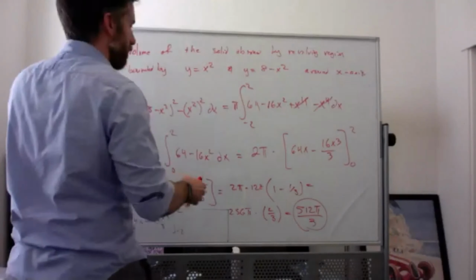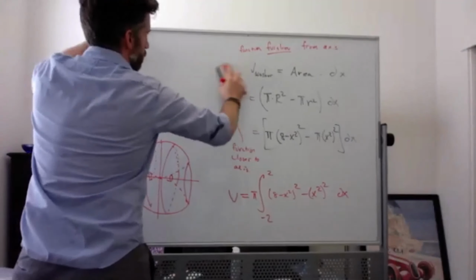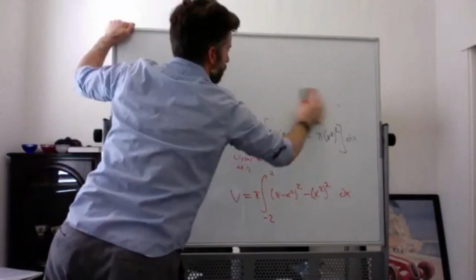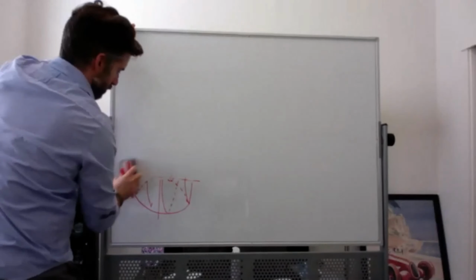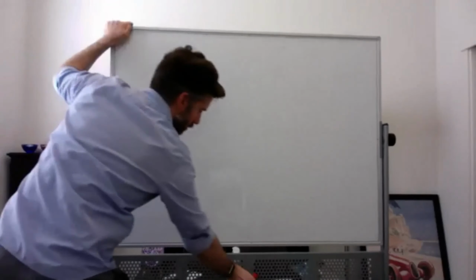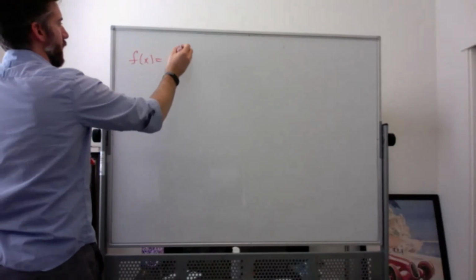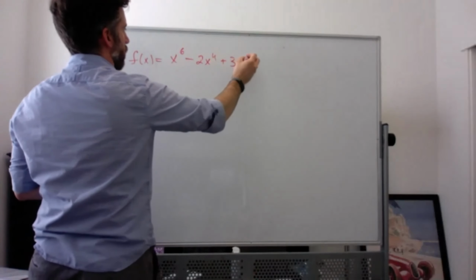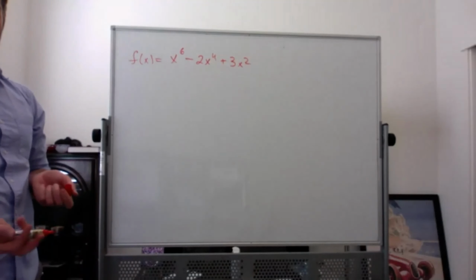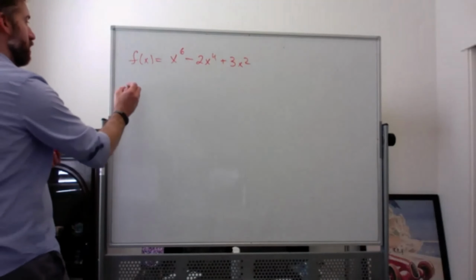So f of x equal to x to the 6th minus 2x to the 4th plus 3x squared is definitely an even function because it's a polynomial where all the powers are even.